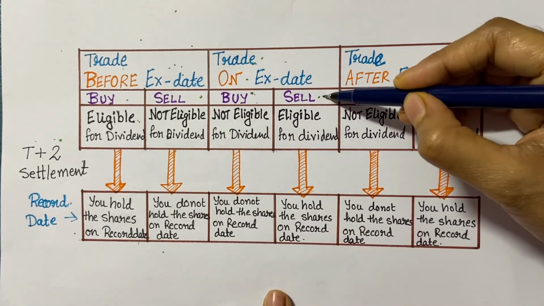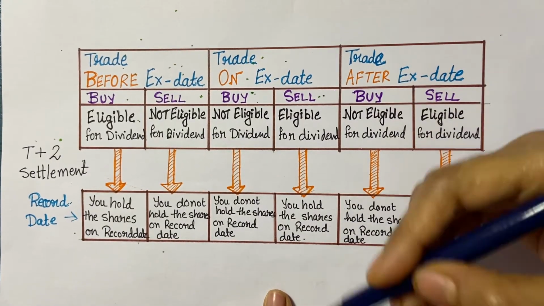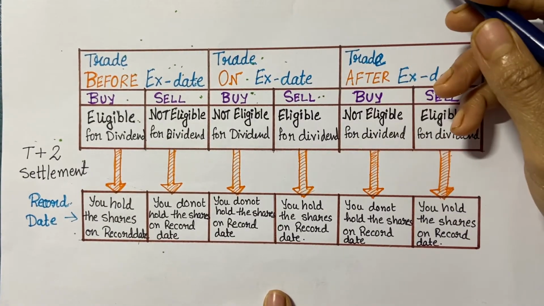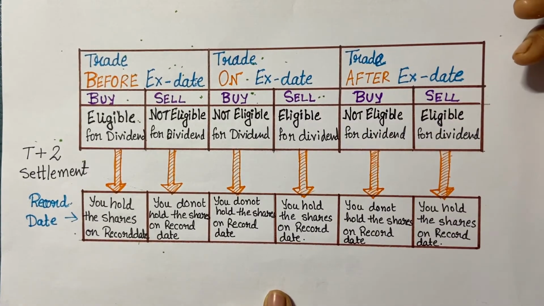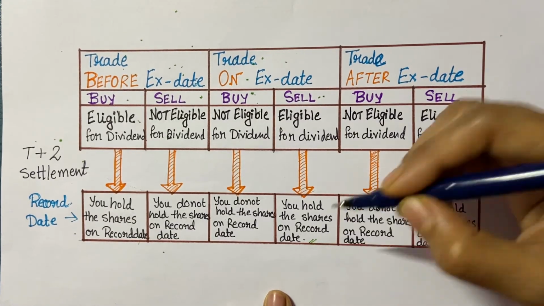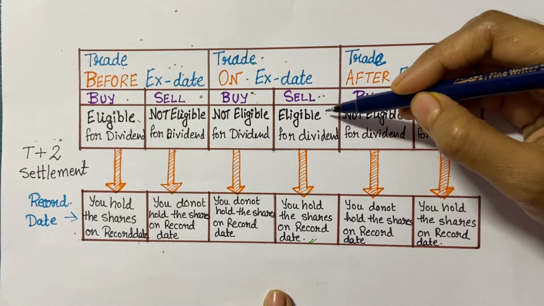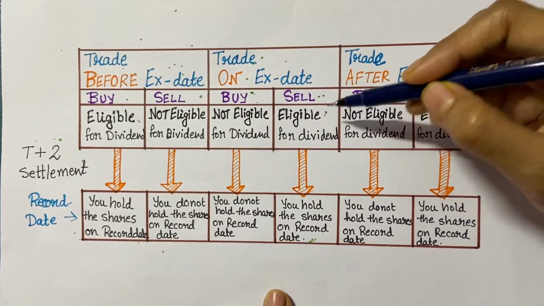And if you sell, even though you are selling it, your shares will not go out from you until the T plus 2 settlement date. So on the record date you are still holding those shares, and you will still be eligible for the dividend.